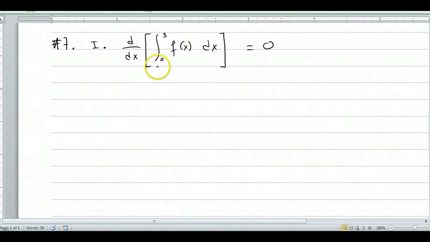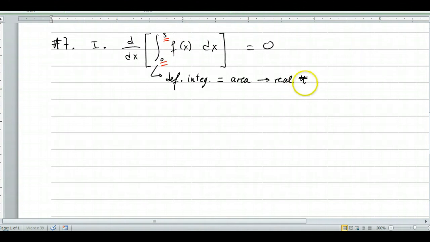Why? Well, this is a definite integral. A definite integral measures an area with a sign, plus or minus. So that means it's a real number, with a plus or minus. It's a definite integral, I have both boundaries. It's not an antiderivative. So if it's a real number, what do you find when you derive a real number?